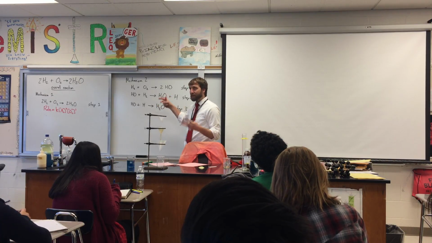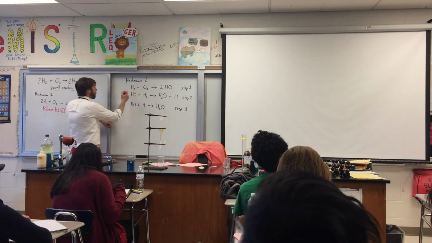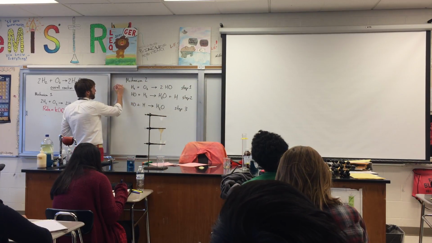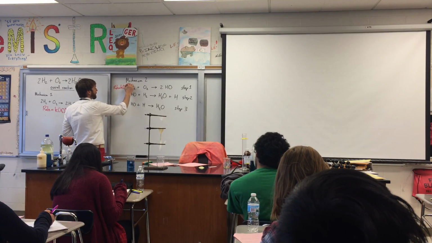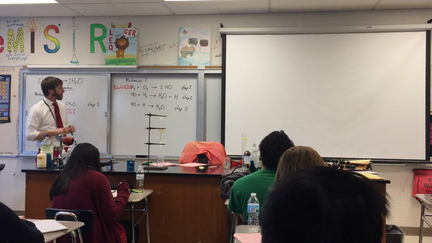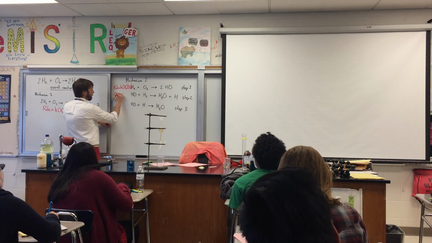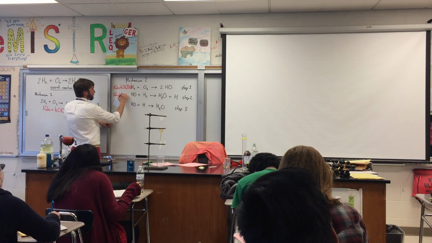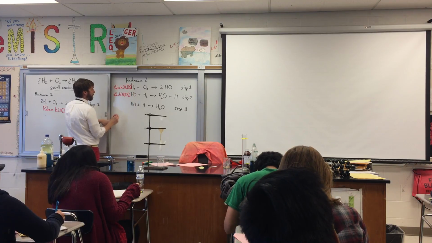Now, each of these steps actually involving the collisions of particles, we can write a rate law for each of these steps. Since this one contains one H2 and one O2, we can write the rate law like that. This step, we could write the rate law as being some k value times HO times H2 to the first.